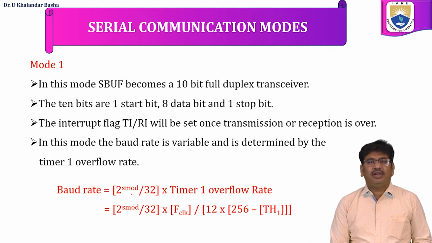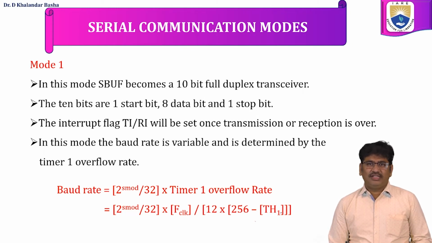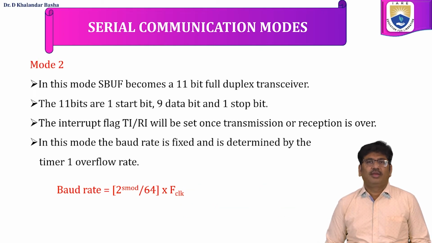SMOD is the bit which is present in PCON register, which will give 2 to the power of SMOD divided by 32 into oscillator frequency divided by 12 multiplied by, as it is 8 bit, the maximum count equivalent to 256 for auto reload mode minus the count which you have placed in the TH1 register, which is used for calculation of the baud rate in mode 1.